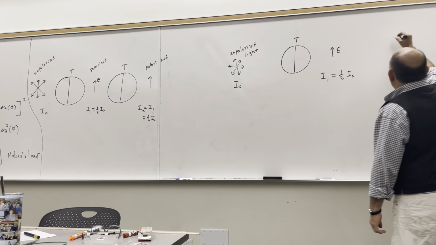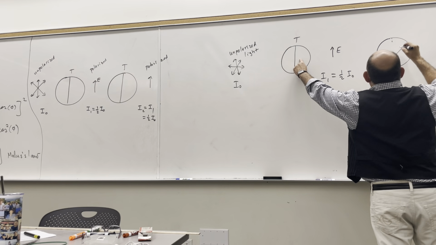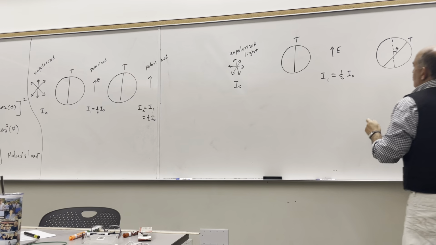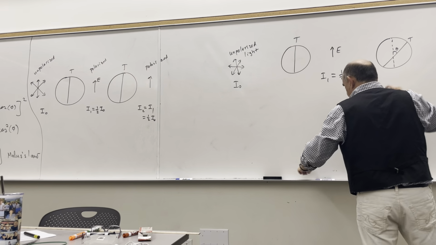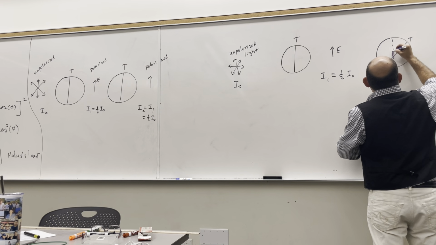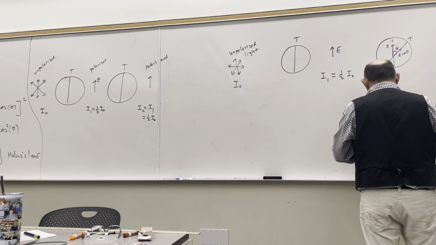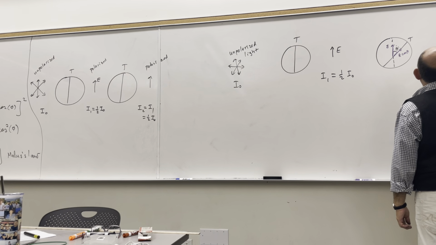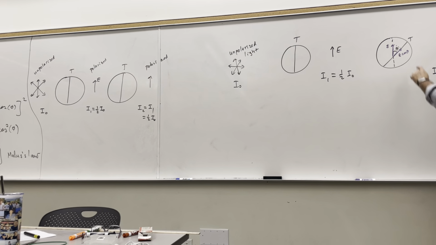Now, what if I set the second polarizer like this at some angle to the first polarizer? So this is now the transmission axis, and this angle is theta. The electric field coming in to this polarizer is like this, and the component that's going to go through is E cosine of theta. So over here, the electric field is going to be E cosine of theta. And what's the intensity associated with that? That's one fixed angle.